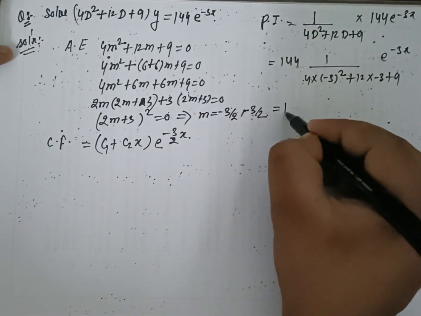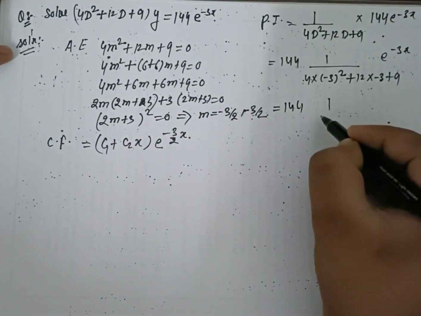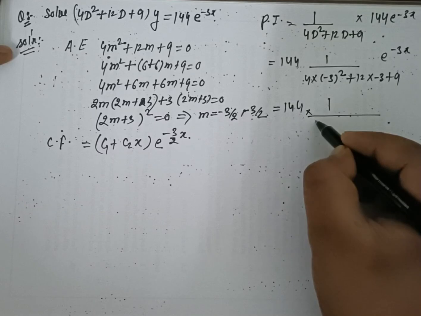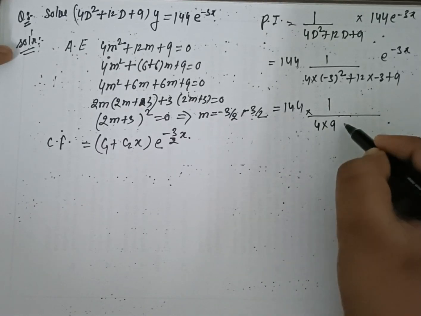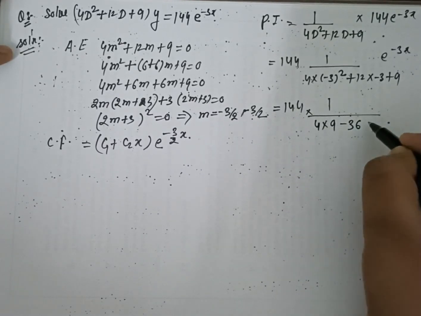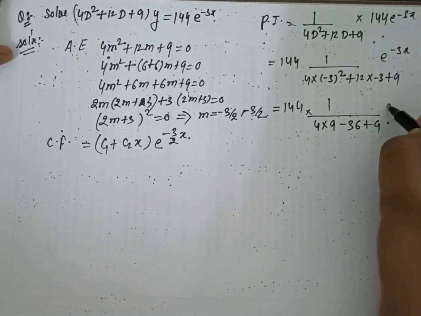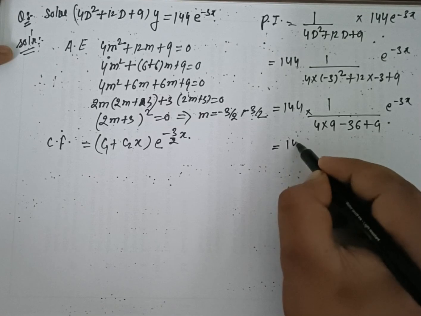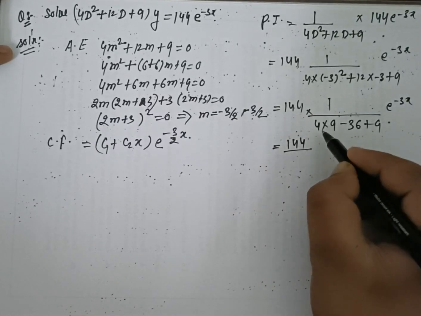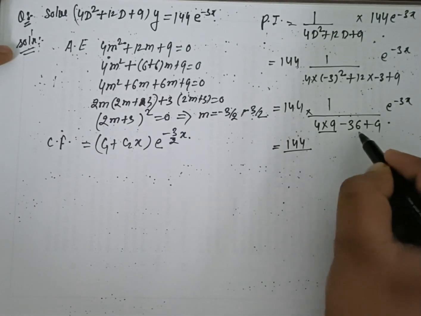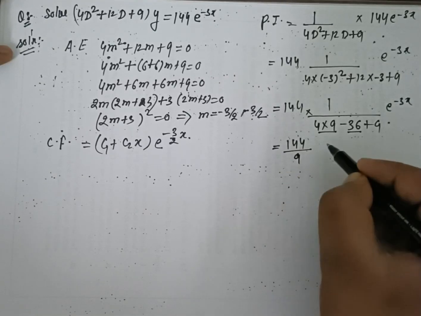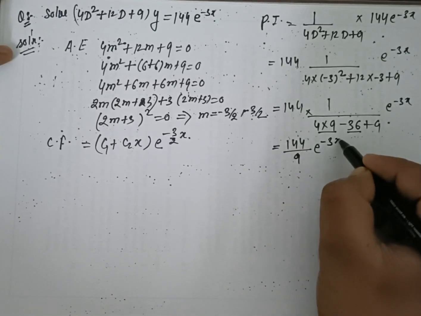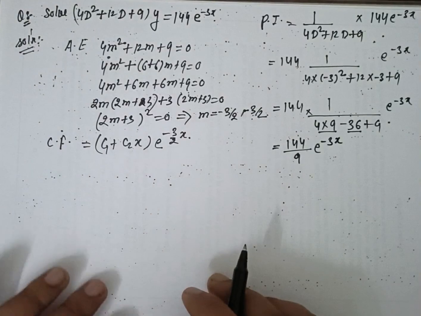Now solve it: 4·9 − 36 + 9, so 144 divided by 9, since 36 cancels out, times e^(−3x). So it is your PI.